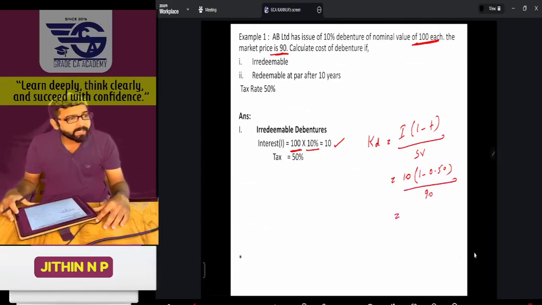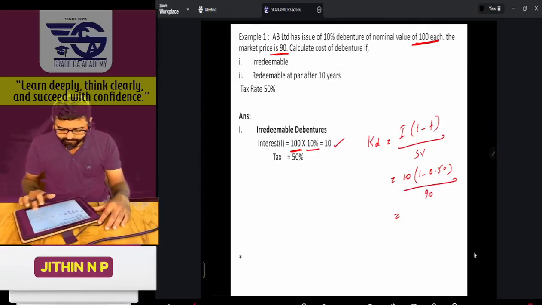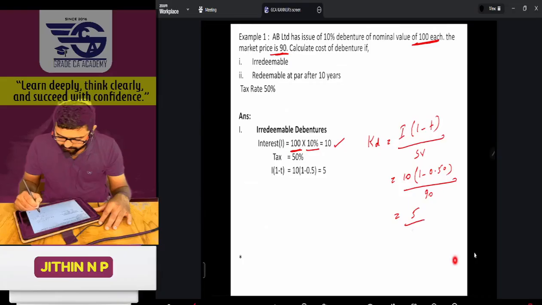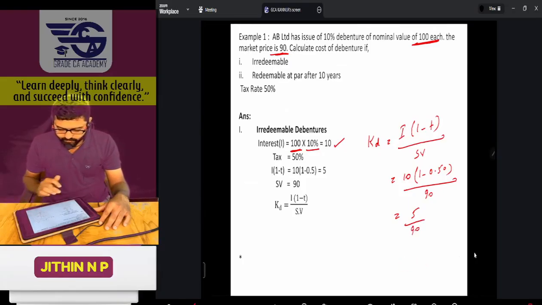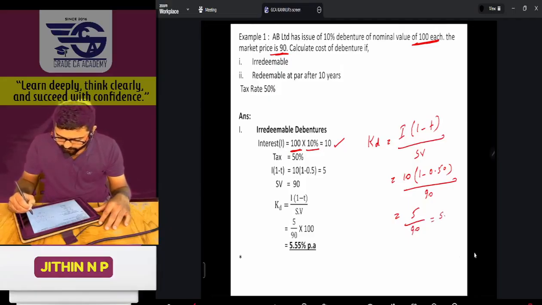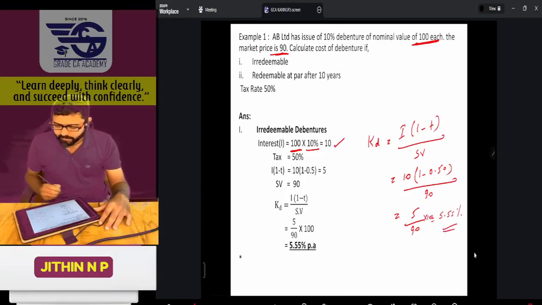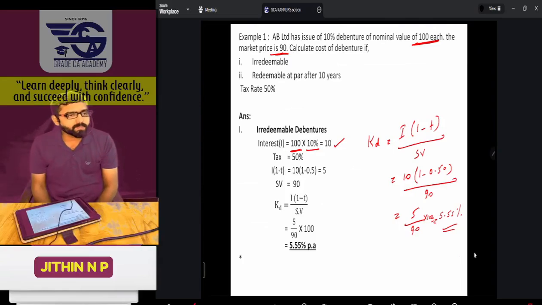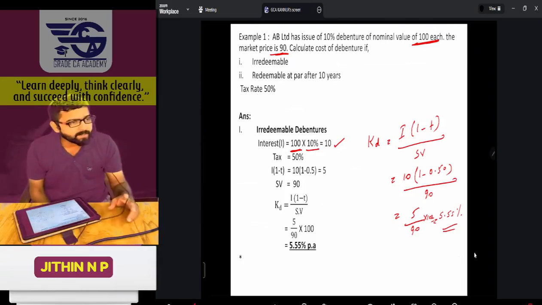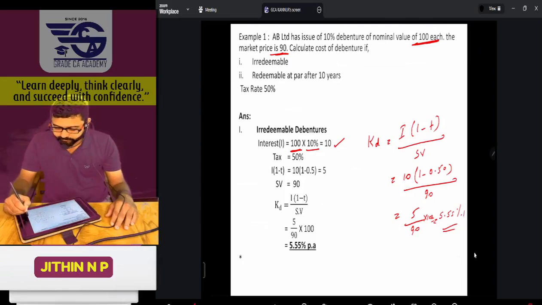Then what is KD? 10 into 0.5, that is 5, divided by 90, equal to 0.0555. Multiply by 100 to compute the percentage: 5.55%. 5.55% per annum is the answer.